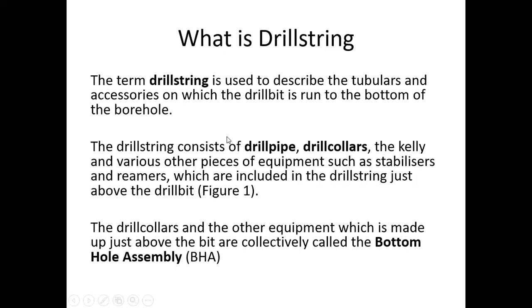What does the drill string consist of? The drill string consists of drill pipes, drill collars, Kelly, and various small equipment that we have, like stabilizers and reamers, which are included. One of the jobs of the drilling engineer at site is to design this drill string. Remember, again, we are not drilling 1 foot, 2 feet, or 5 feet.